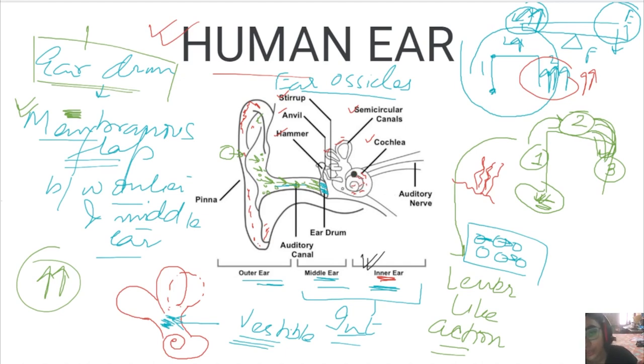Now I had told you previously that the cochlea has certain hair cells. So imagine that the cochlea, this is the inner portion of the cochlea. Here the fluid is present all around, known as endolymph and perilymph, and here you will find certain hair cells.